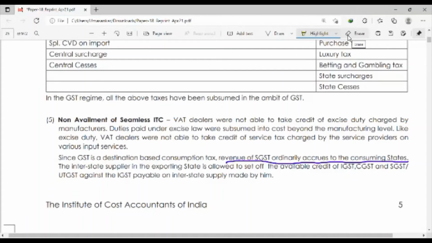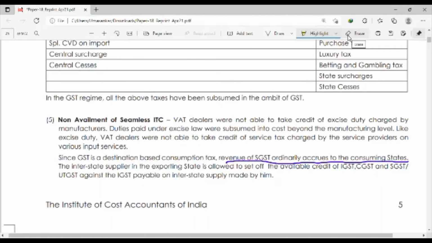But under GST, when the dealer purchases from the manufacturer, he needs to pay the GST, for which he will get the input tax credit to use on the further supply. And the GST that is paid ordinarily accrues to the consuming state.